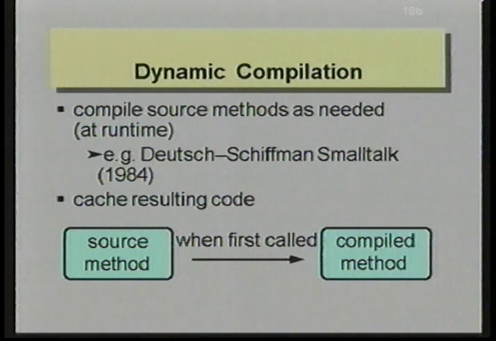The idea here is to compile a source method into machine code the first time it is called. The first time it's called, it's translated into machine code, then that code is cached, and so the next time you call it, you directly execute the machine code. The advantage of that scheme is that it eliminates the interpreter overhead, and therefore your programs are going to run faster.